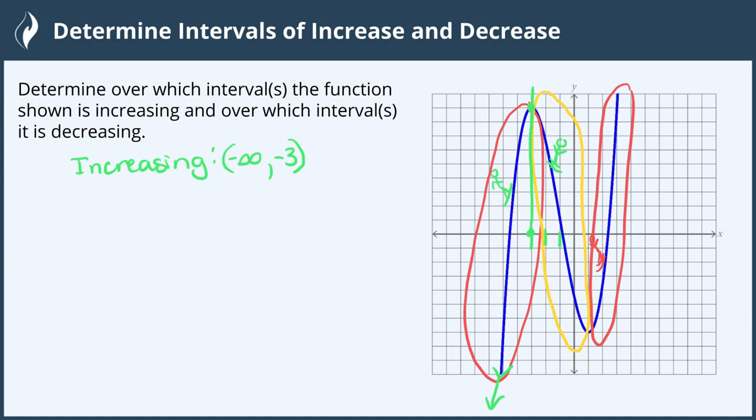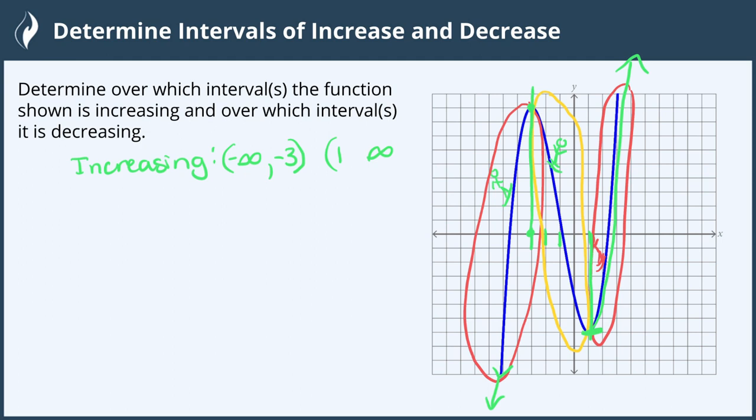Now we're not going to include negative 3 because it's neither increasing nor decreasing when we get to a peak or a valley. But this graph continues to increase again once we get to 1 right here. So at positive 1, and then again, this increases for infinity.